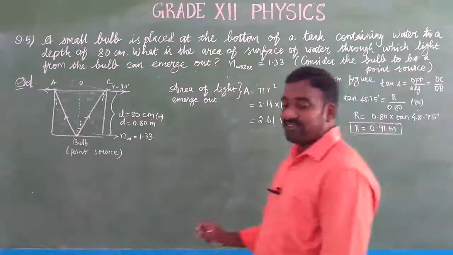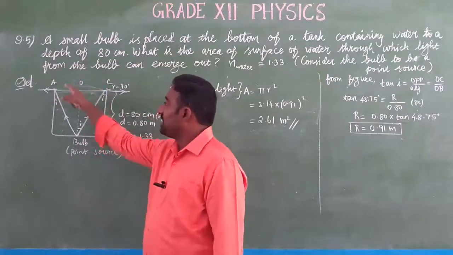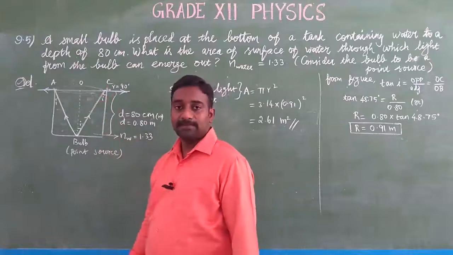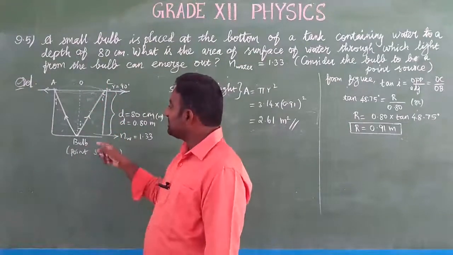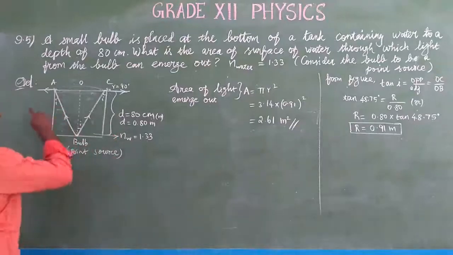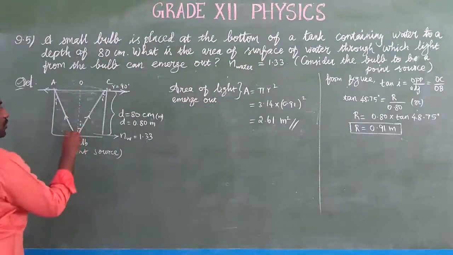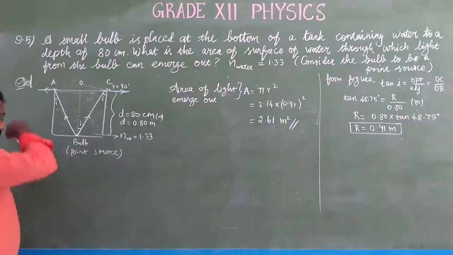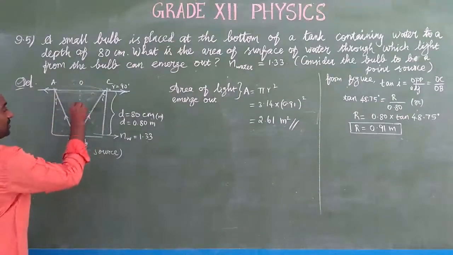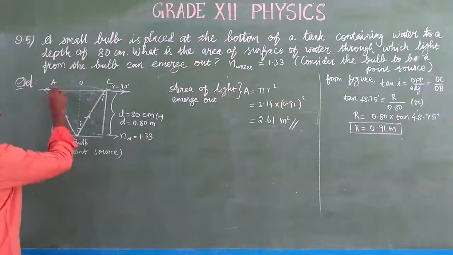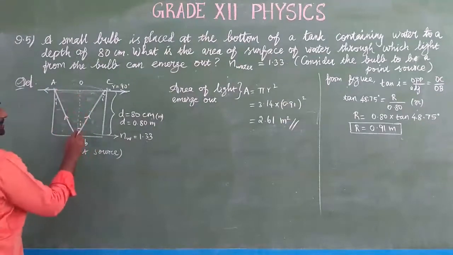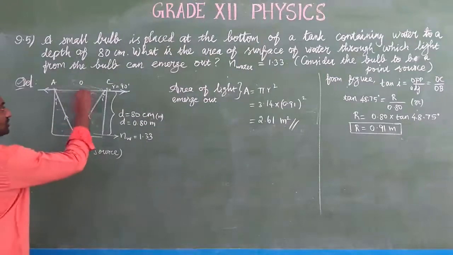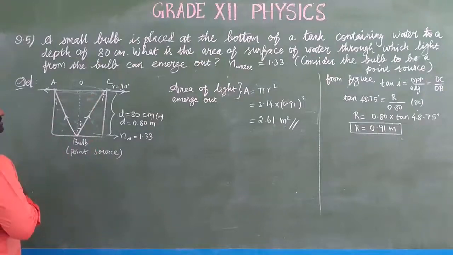Next, we want to find the area, no? In the circular area, we want to find the radius. Only by knowing the radius can we determine the area. So what is the radius formula? Take this right angle triangle, any one right angle triangle. It may be OBC or OBA. In the right angle triangle, tan i is equal to opposite by adjacent, that is OC by OB.